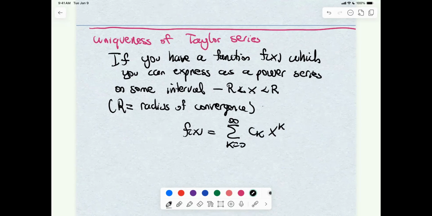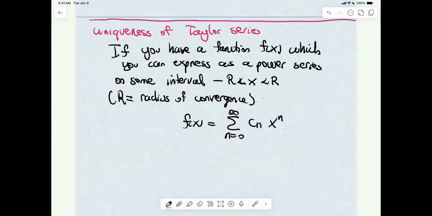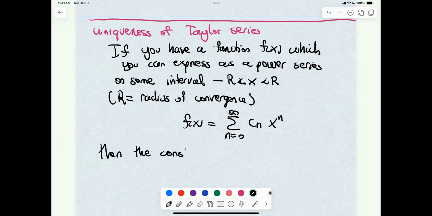Oh, let me write n actually. So if you manage to write the function as a power series, then those coefficients are exactly the coefficients from the Taylor formula. So there are no two power series which would produce the same function. Let me call them coefficients.